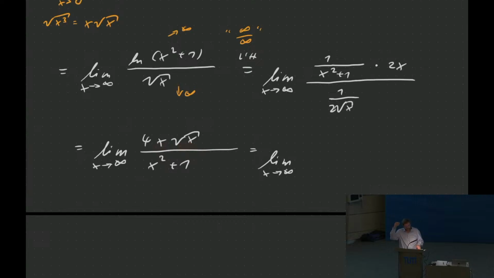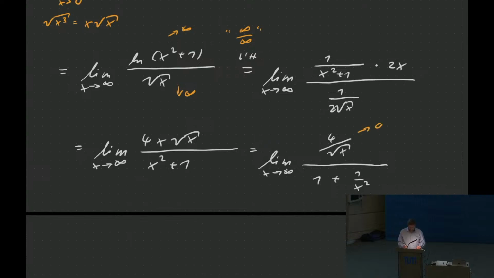So square root is the same as x to the power of 1/2. So that's basically x to the power of 1.5. So the highest power is x squared. And that means if we divide everything by x squared, we get 4 over the square root of x and 1 plus 1 over x squared.